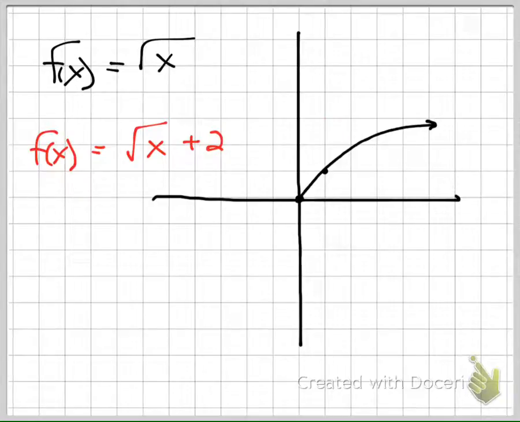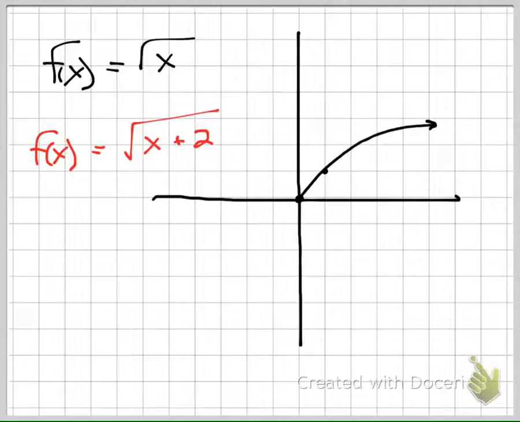Last part. What happens if I have this? What if it's the square root of x plus 2, with the plus 2 inside? That is going to make this thing go left or right. Let me tell you what the deal is. If it's inside of the square root symbol, it does the opposite of what you'd think.